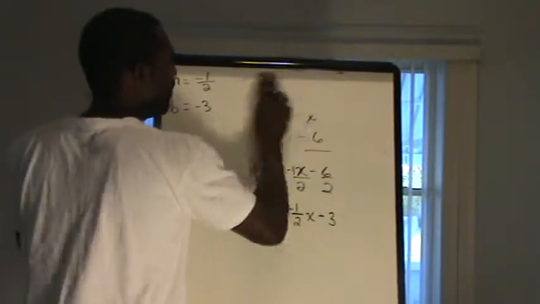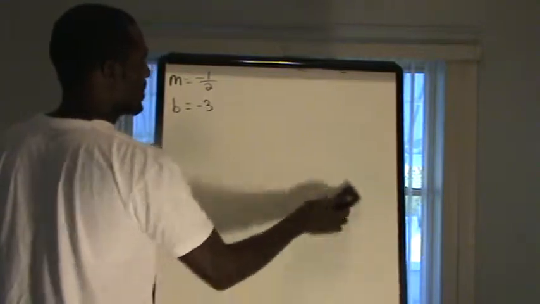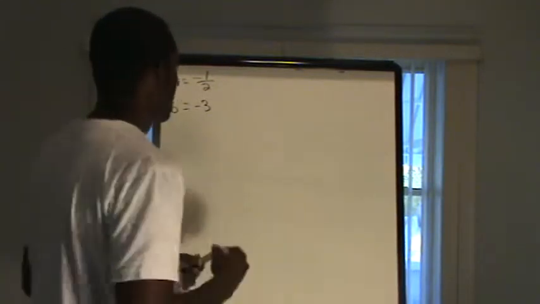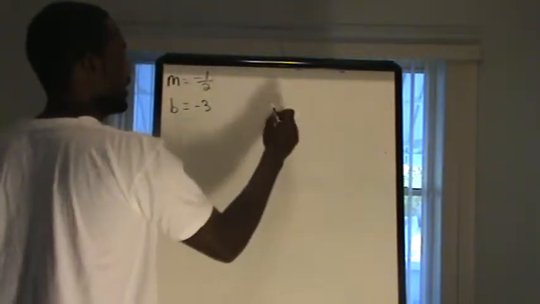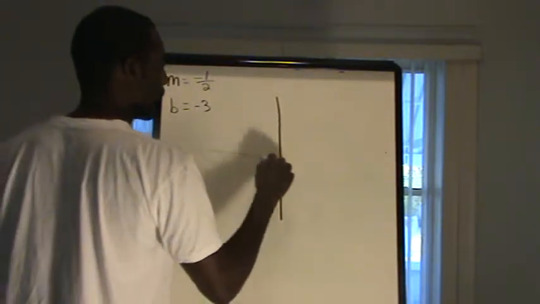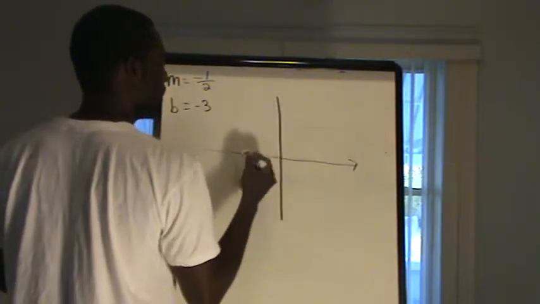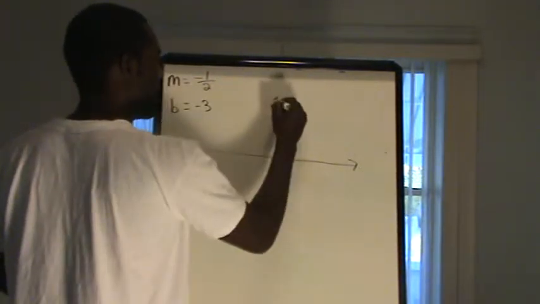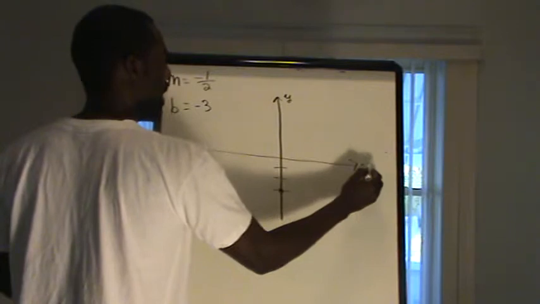So again, you should remember that whenever you have the slope and the y-intercept, you want to plot your y-intercept first, which is negative 3 on the y-axis. I put my point there on the y-axis.